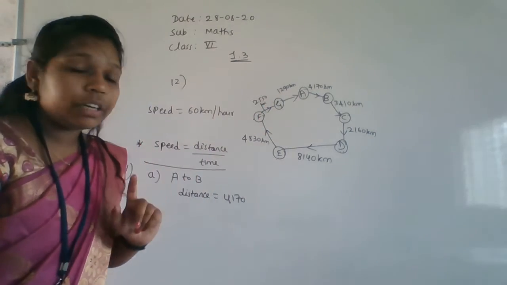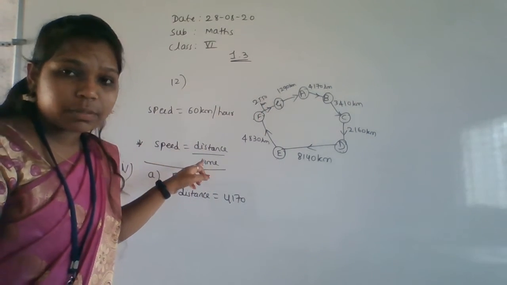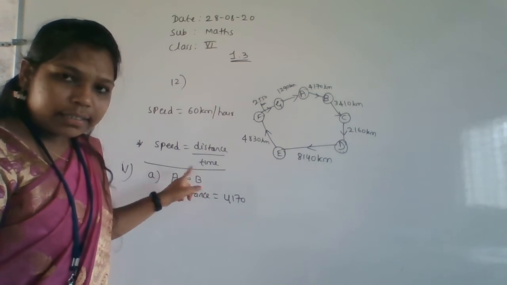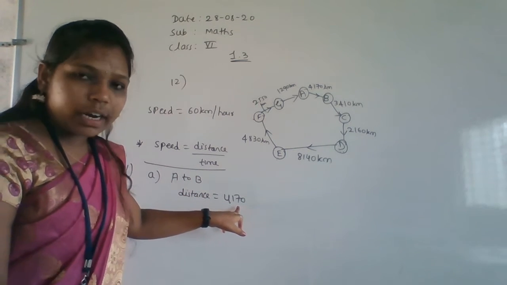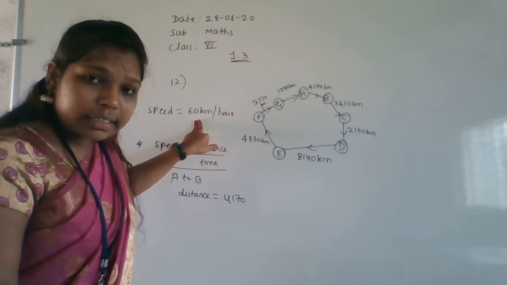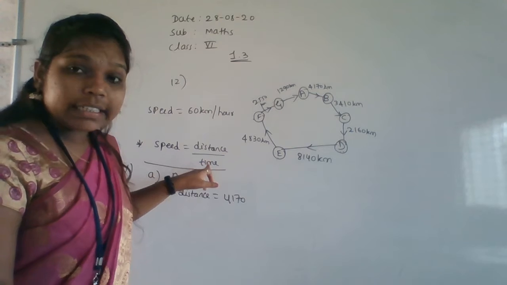But we know the formula, speed is equal to distance by time. A to B distance is 4170 kilometers. We also know the speed is 60 kilometers per hour. We don't know the time here.